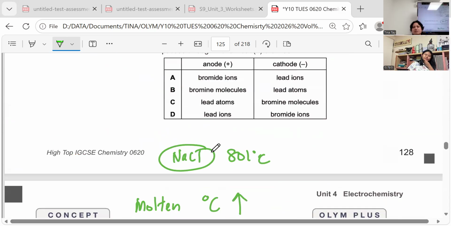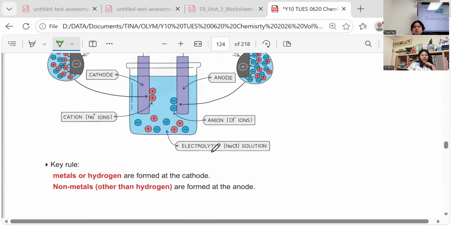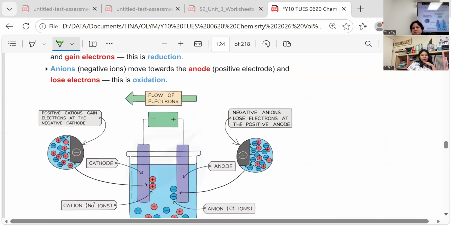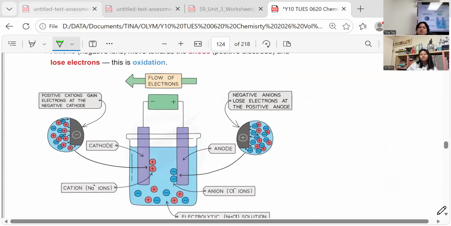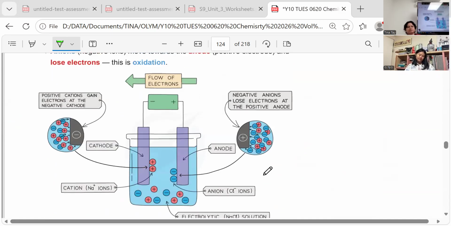So aqueous is actually quite fun. Okay, so I want you to look at page 127. Look at this one. Textbook 127.